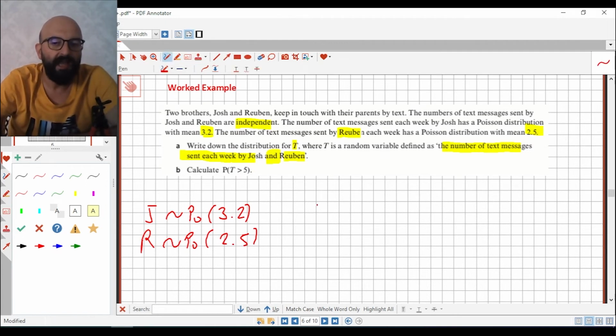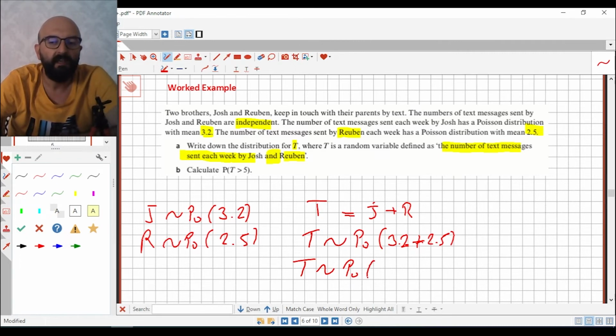So Josh and Robin define t. It means Josh plus Robin, and t is in the Poisson distribution with mean 3.2 plus 2.5, so t has a Poisson distribution with mean 5.7.